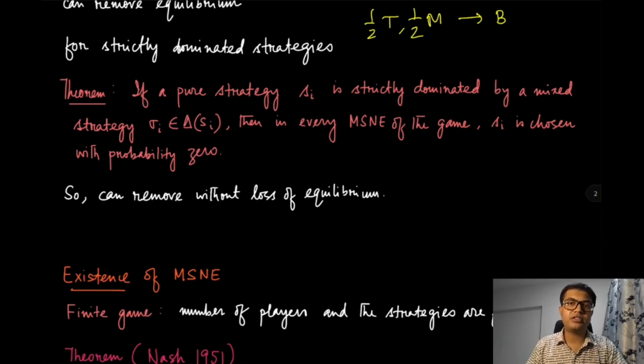And because we have some strategies which are strictly dominated by a mixed strategy of the same player, we can, without loss of generality, remove that strategy. Whenever the player was thinking about playing that strategy, it can always strictly improve its payoff by choosing the mixed strategy which dominates it. So there is no reason why it should be picked, and a mixed strategy Nash equilibrium will never choose that. This theorem formally proves that.